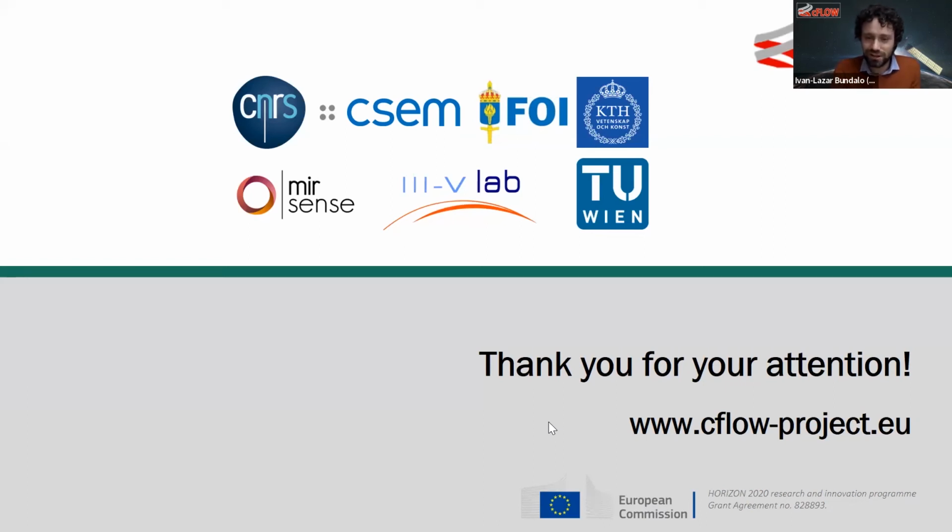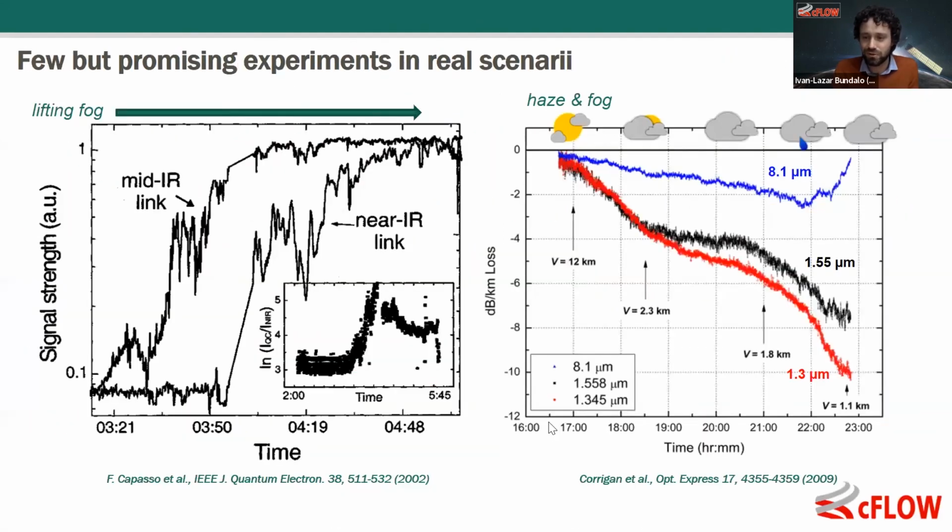So the first question is: on slide 12, why don't the graphs for 1.5 and 1.3 micron go up when the rain stops? Yes, in fact, the reason is that the rain washes out the bigger particles, which have dimensions comparable with the 8 micron wavelength. So when they are washed out, they do not contribute to diffraction, and you have an improvement on the 8 micrometer link.